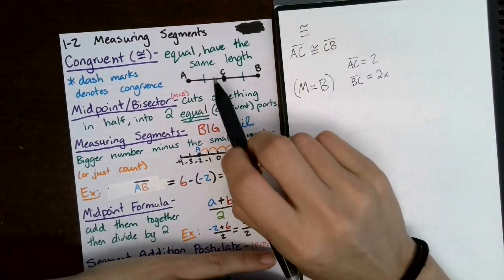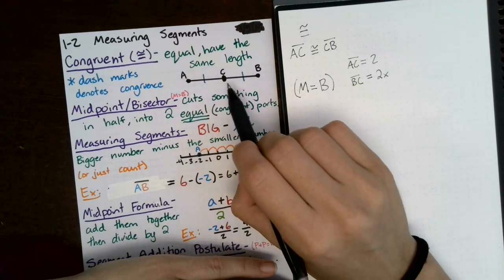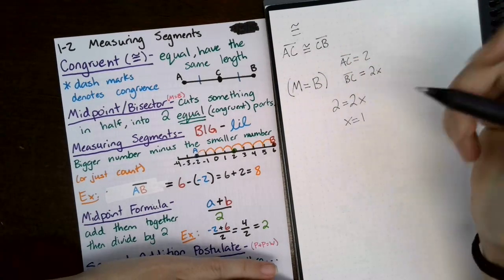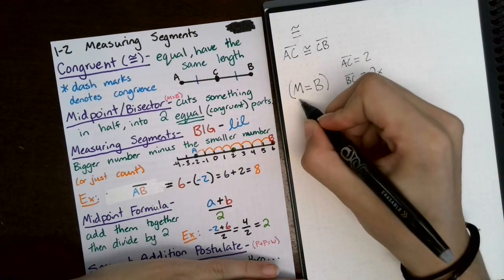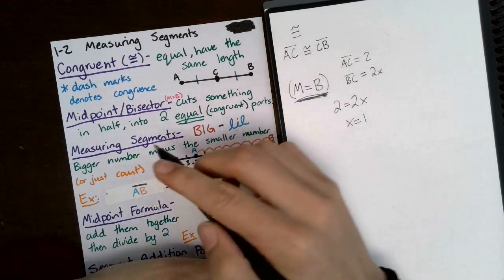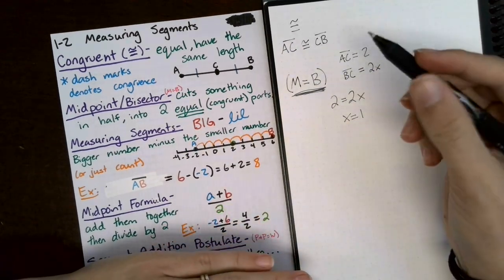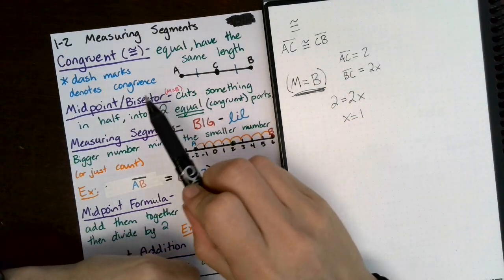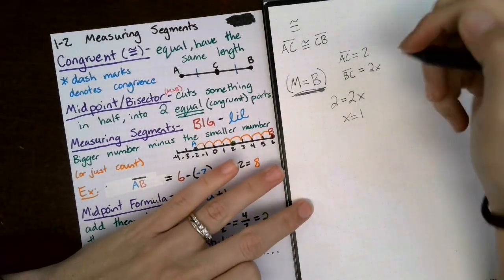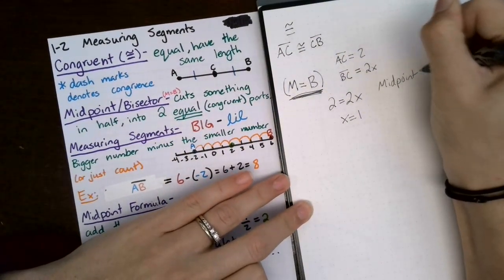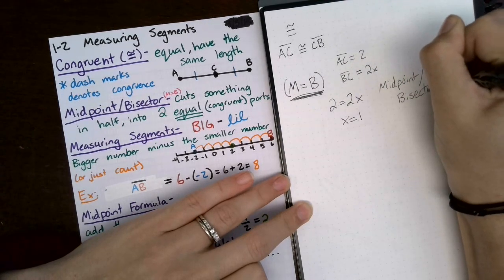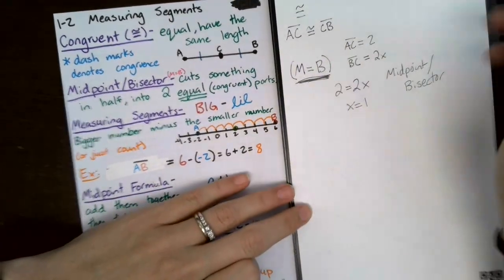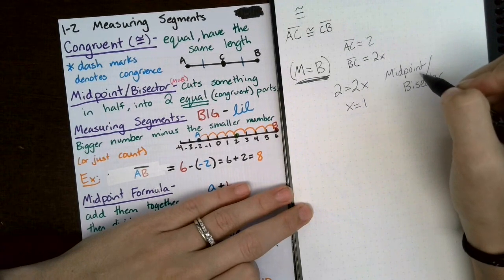Now, for you to be able to say that we can set these equal to each other, 2 equals 2x, to figure out that x is 1, the reason for why we were able to set up that equation was because of midpoint equals bisector. That's the abbreviation for a reason. A lot of geometry is you explaining why you're doing something. That's our explanation, so you don't have to write out all the words of midpoint and bisector. This is the shorter way of writing that for my class, just to make our lives easier and not have to write out all of that each time.